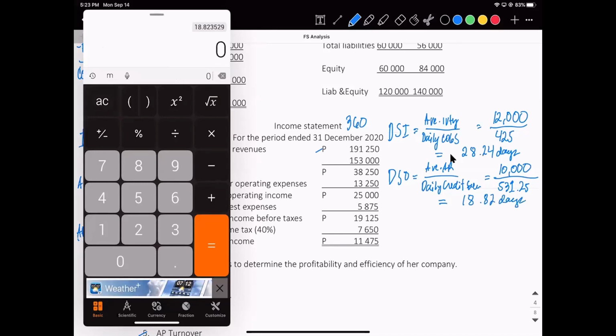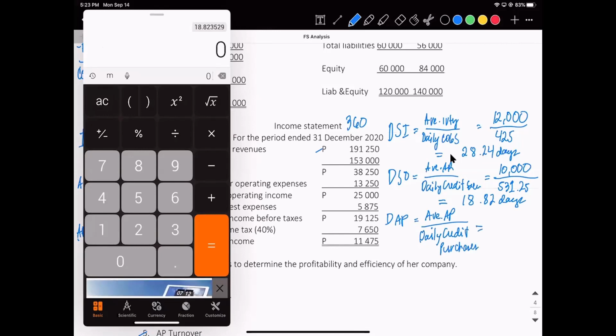Now, last, days in accounts payable. So this is average accounts payable divided by daily credit purchases.